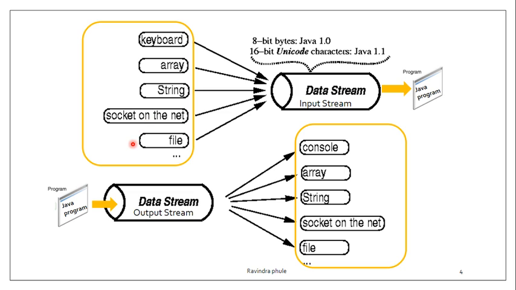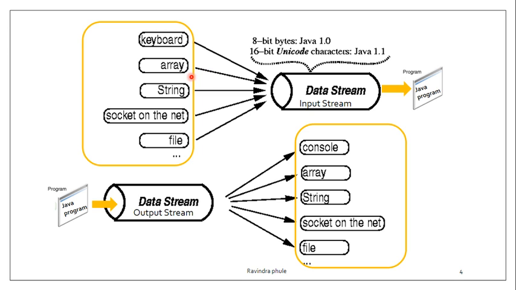The source can be anything, but the destination here is a Java program. So we are moving data from all these sources to the Java program. These are the possibilities we can have as an input stream.